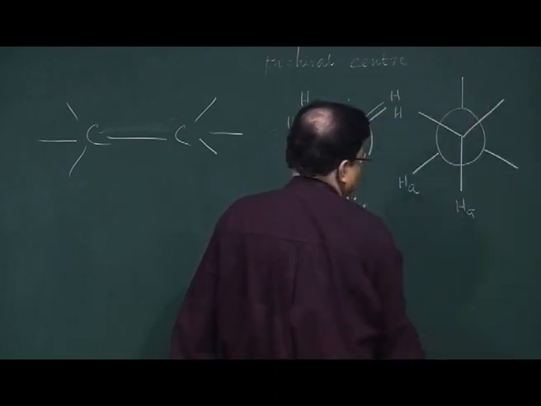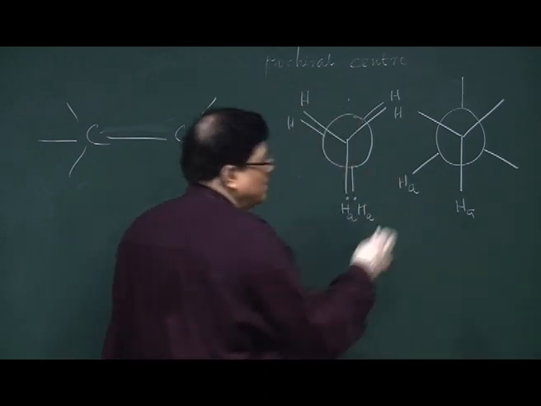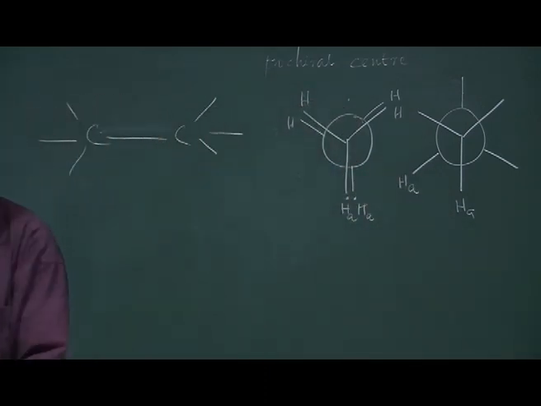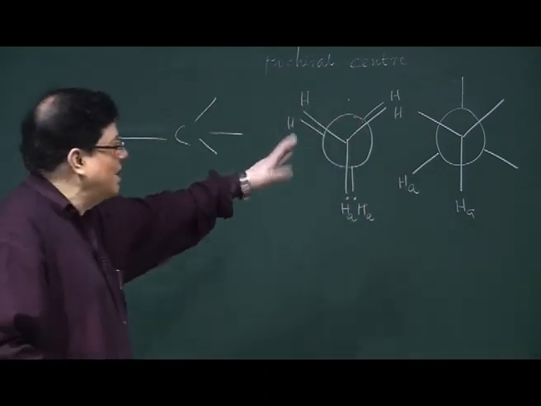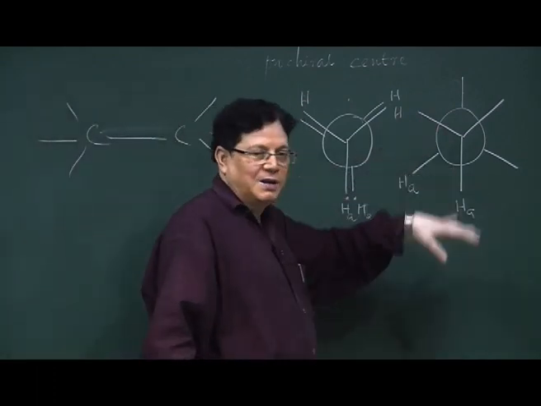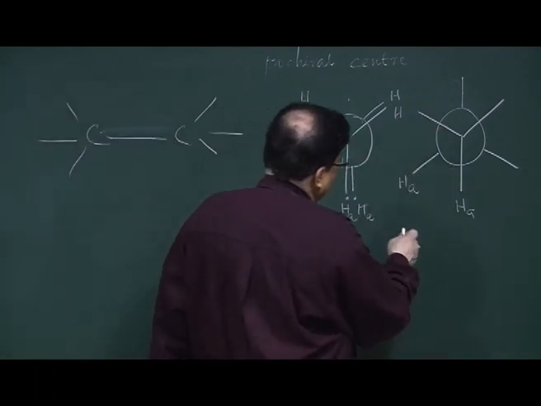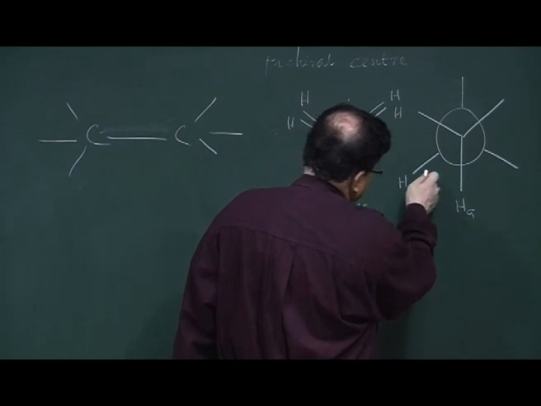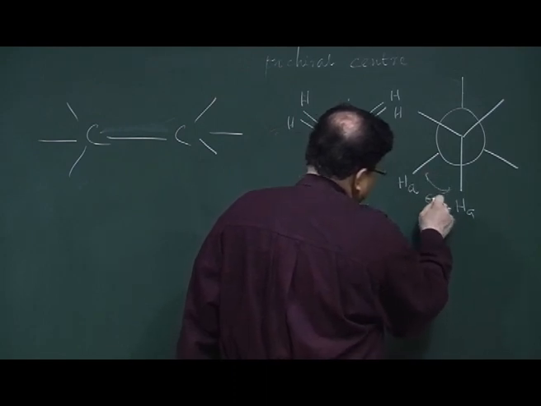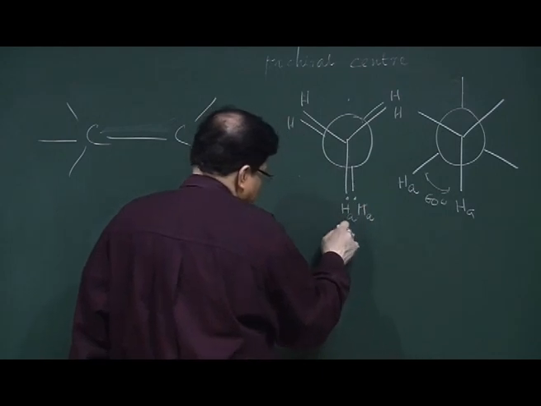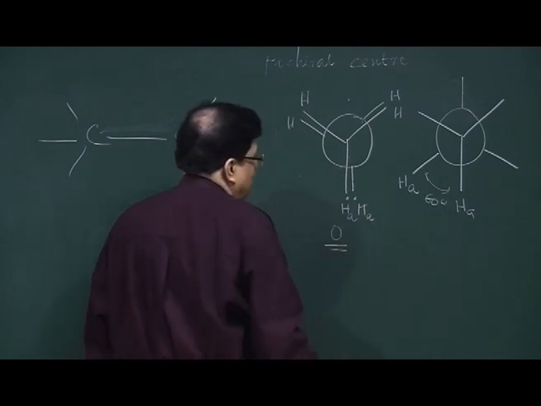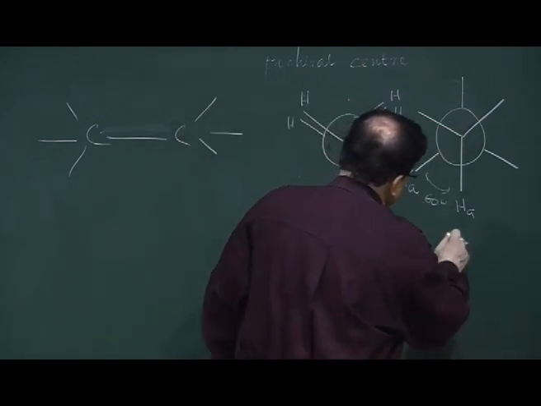Okay. So, these are the two extreme conformations that you get. In between there are different dihedral angles. Here the dihedral angle is 60 degrees in this conformation, here it is 0. Okay. Now, this form is actually called the staggered form.